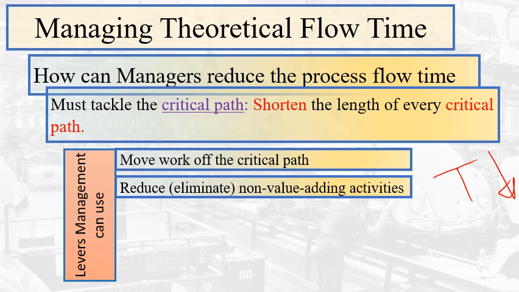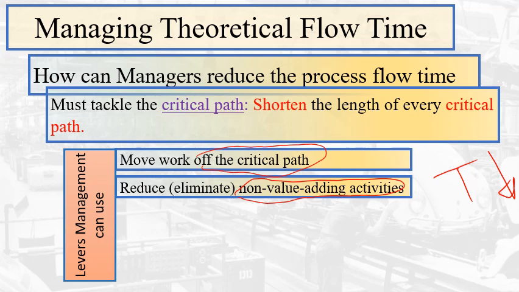And there are many things we could do. First of all, move work off of the critical path. We know the critical path is going to take the longest, so try to move work from the critical path to other paths, and that's going to shorten the overall time of the process. Reducing non-value added activities.